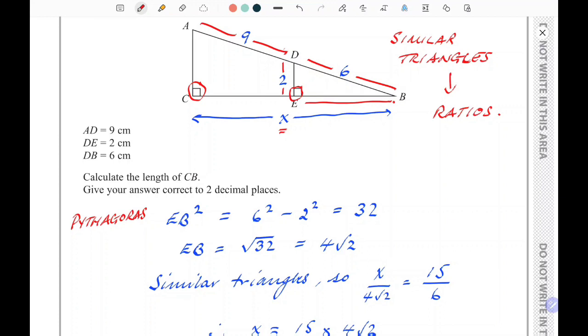EB squared must equal 6 squared minus 2 squared. It's a minus because we know the longest side is 6, and we know one of the short sides. That comes to be 32. If you then use the square root of that, you can put it in decimals in your calculator if you prefer that.